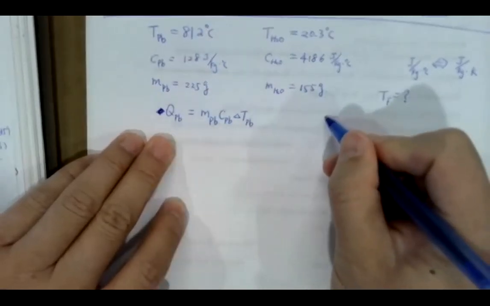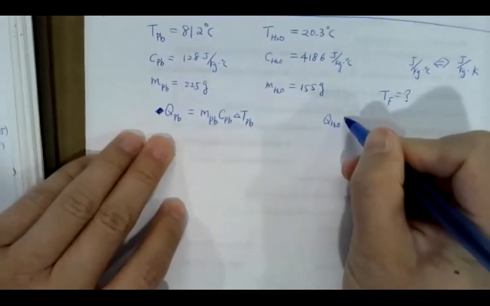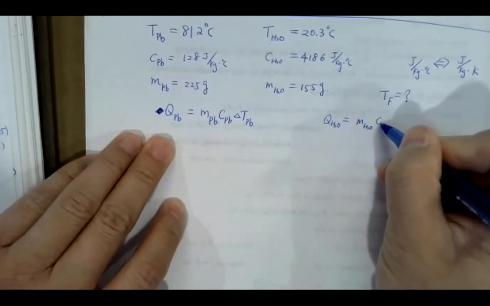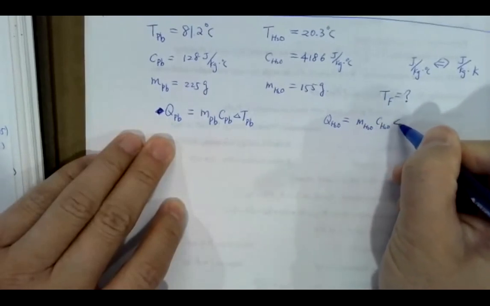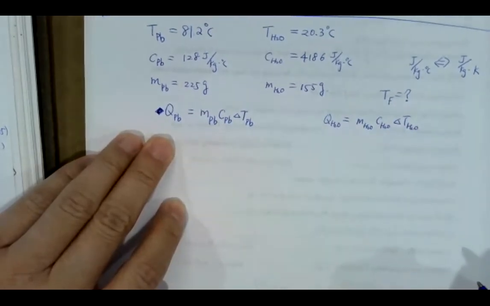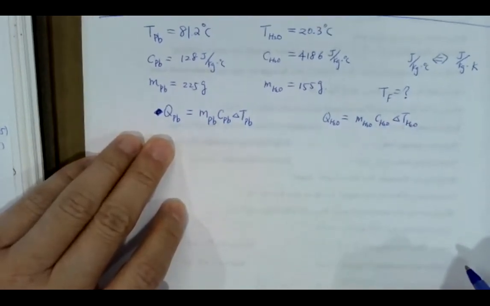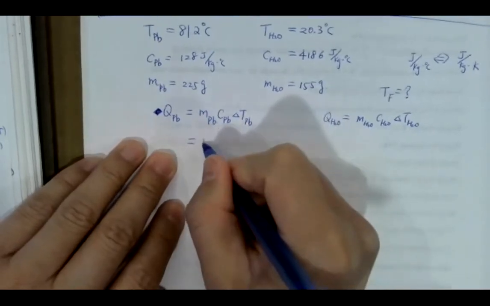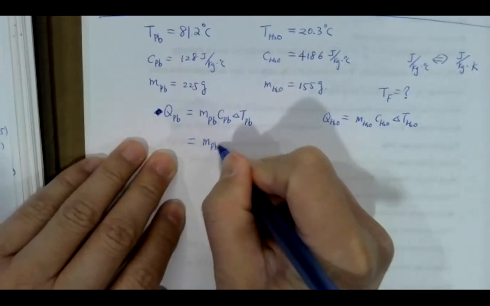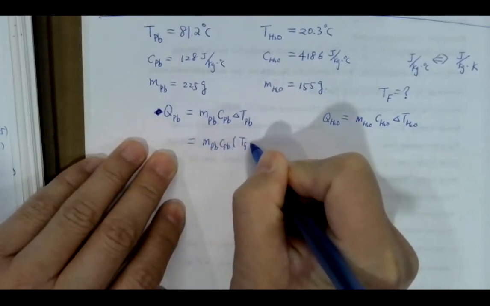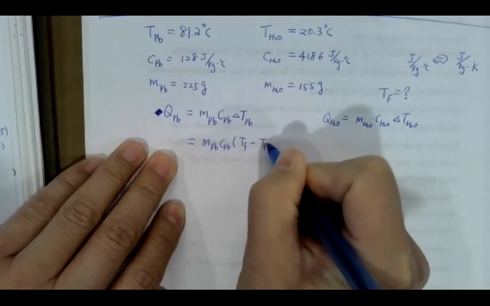The same thing you can write for water: the heat change for water should be equal to its mass times specific heat capacity times its temperature change. So this is equal to M_PB, C_PB, change in temperature, which will be T final minus T initial of it.